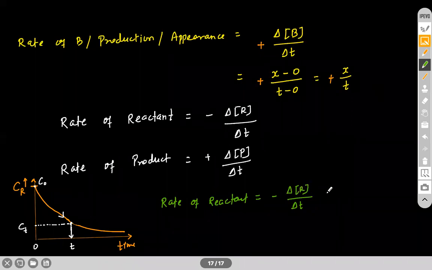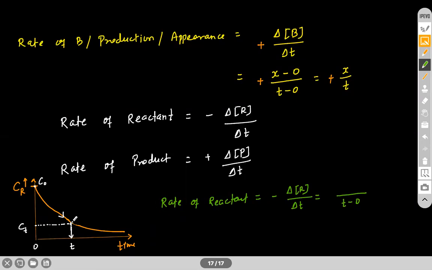Change in reactant concentration. The time we have is t minus 0. And at time t, the concentration is Ct. At time 0, the concentration is C naught, negative of it. So it is minus of Ct minus C naught divided by t.